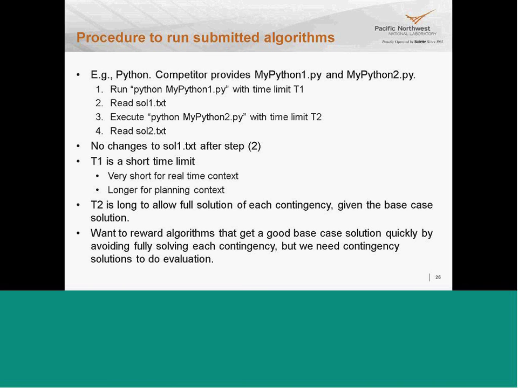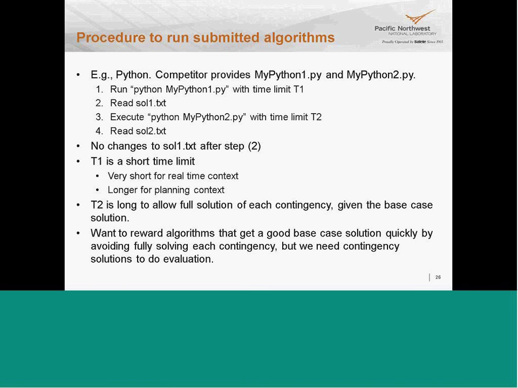Solution 2, well, there's also a time limit on solution 2, but it's really long. It's long enough that you should have no problem completely solving each contingency. So the idea of this procedure is that we really want to reward or incentivize algorithms that are able to get a good solution in the base case because they are able to avoid fully solving each contingency.